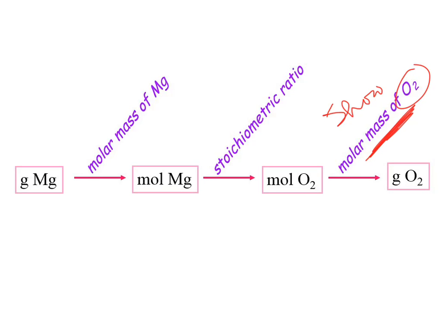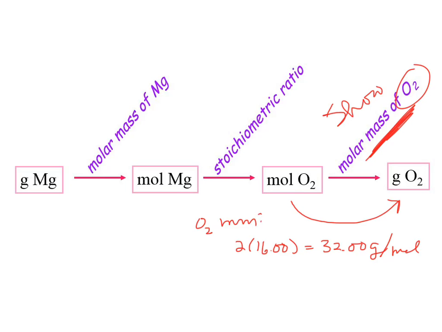Can you restate that? Sure. In order to go from moles of O2 to grams of O2, you need O2's molar mass. And so you're basically going to take 2 times 16.00, which actually reminds me of another thing.